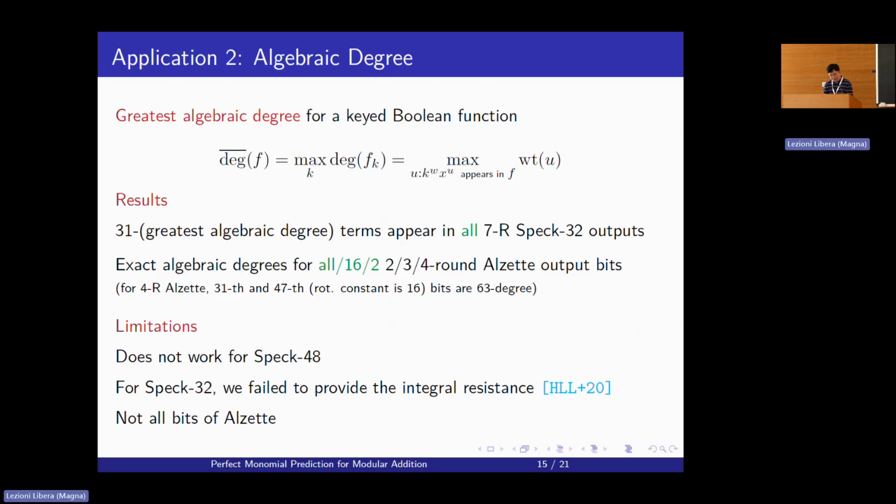And for RZ, we proved the exact algebraic degrees for all bits, 16 bits, 2 bits, for 2-round, 3-round, and 4-round RZ output bits, respectively. And for 4-round RZ, the 31st and 47th bits have degree 63.